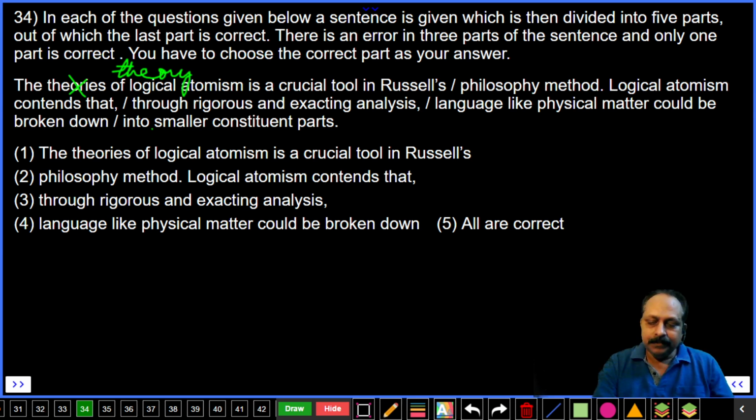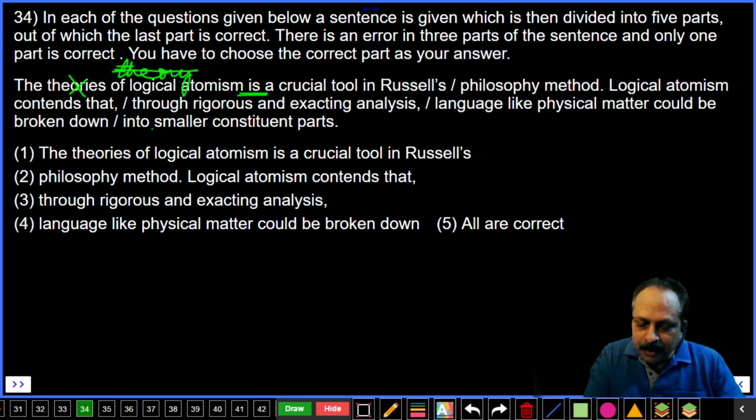Okay, fine. It could be the theories. Again, I thought theory, but the theories, plural, of logical atomism is a crucial. This is, give me a second.